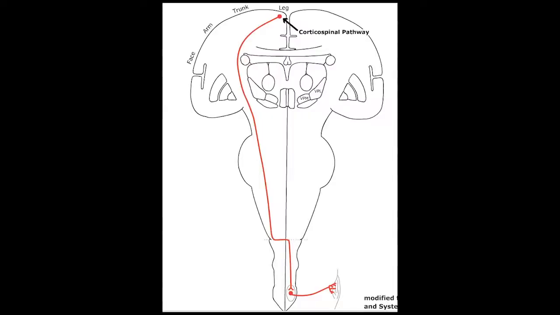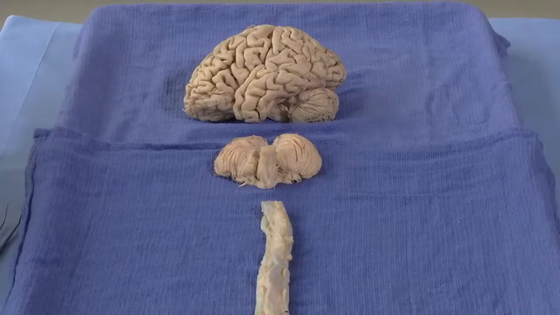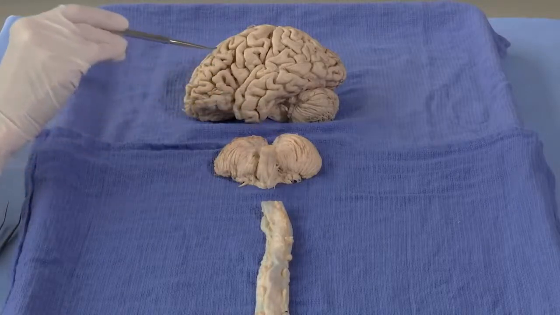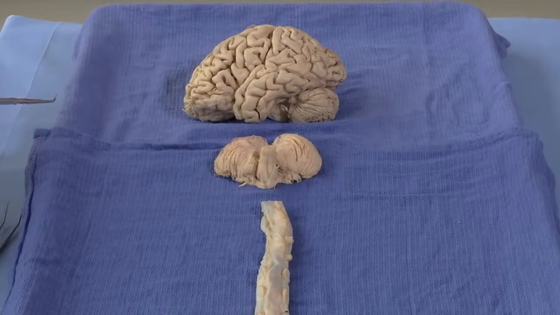Let me show you this diagram to remind you that neurons called upper motor neurons originating in the cortex descend all the way to the spinomedullary junction, where they cross and terminate on lower motor neurons in the spinal cord or brainstem. Thus, we have the cerebellum working in conjunction with the opposite cerebral hemisphere.